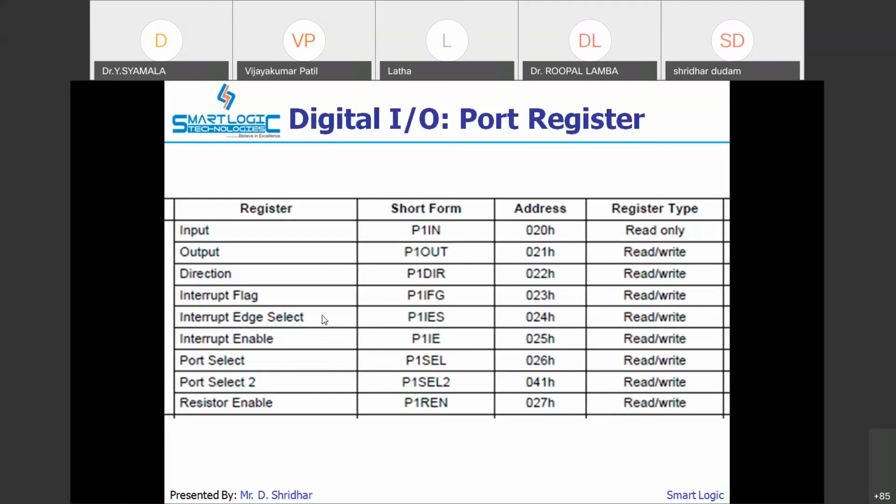If you have not enabled the interrupts of the MSP430, only this bit is going to be set, and the user has to poll that bit to see whether the event occurred or not. If the event occurred, then you have to do the certain action. So the interrupt flag will decide when to generate the interrupt, and the interrupt flag is set whenever there is an event on that port pin if you have enabled it.